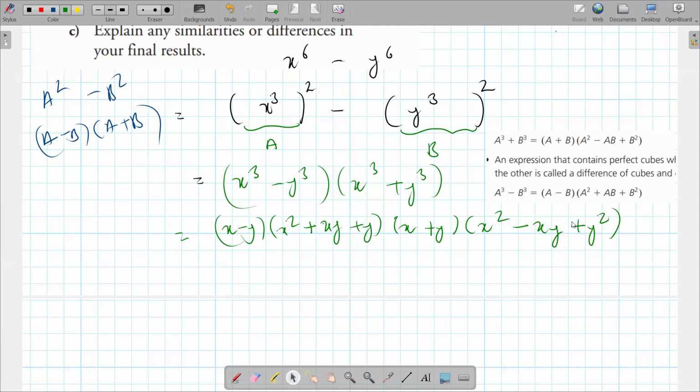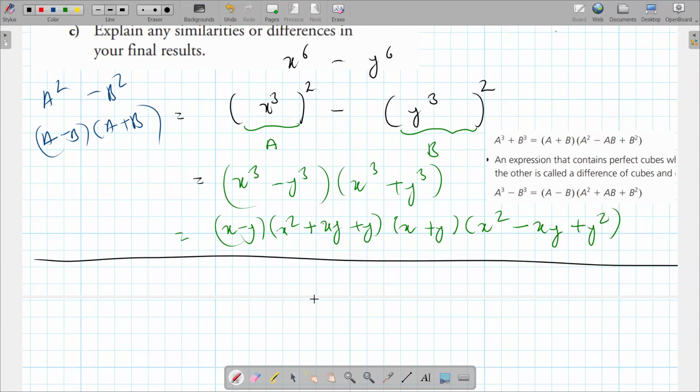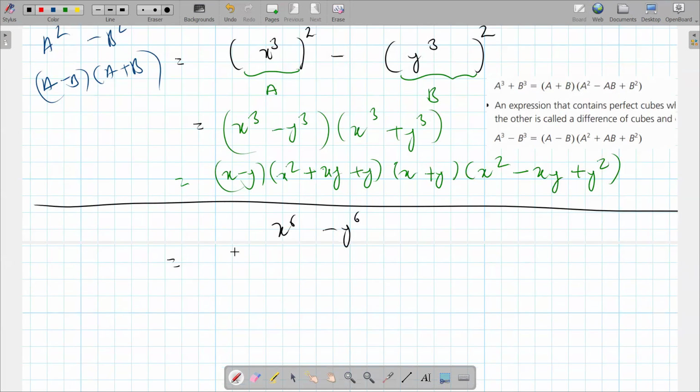Now let's do the same thing using a difference of cubes. So x^6 minus y^6, when you're doing a difference of cubes, there has to be a power 3 outside the bracket like this. So what goes inside of the bracket? X and y squared.